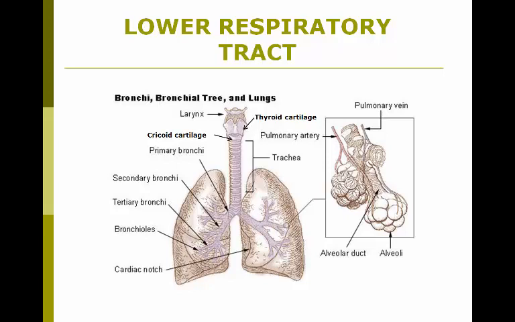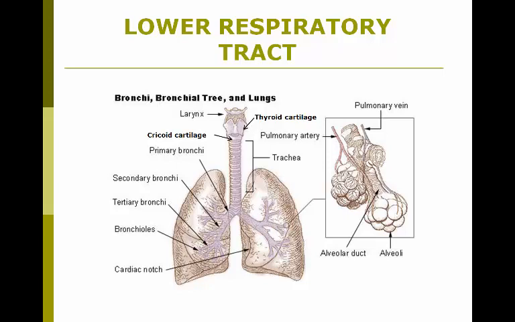Notice the trachea, and then look at the bifurcation of the trachea where it divides into two. And then you've got labeled the primary, secondary, and tertiary bronchi. You have bronchioles labeled. Notice that the right lung has three divisions, or three parts, called lobes, L-O-B-E-S.